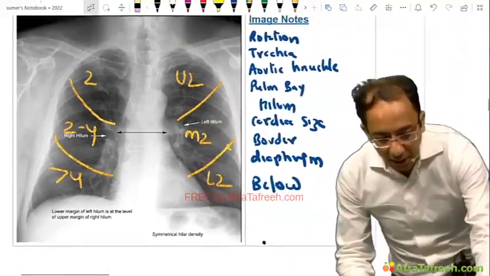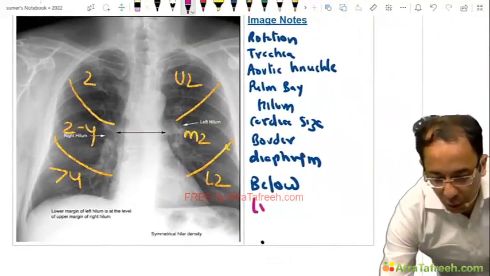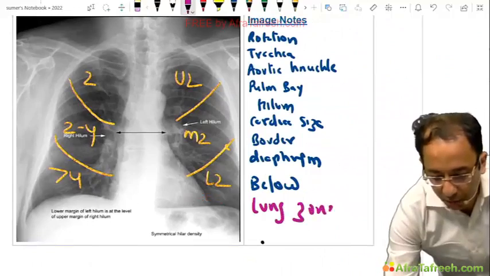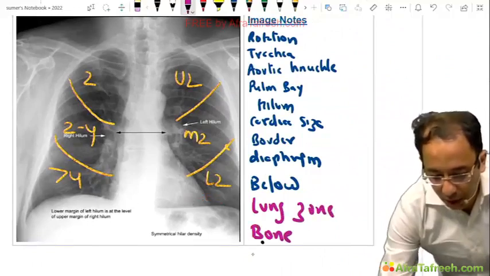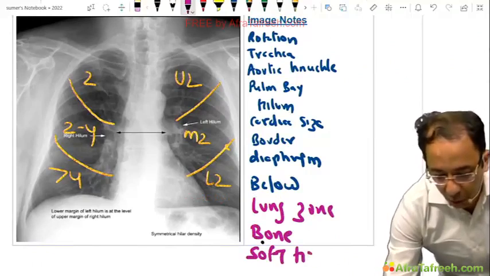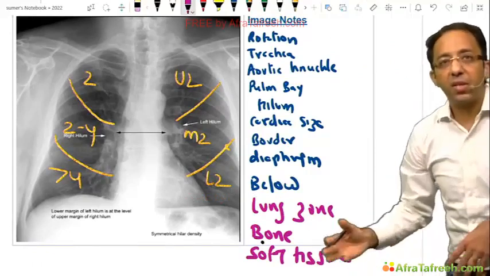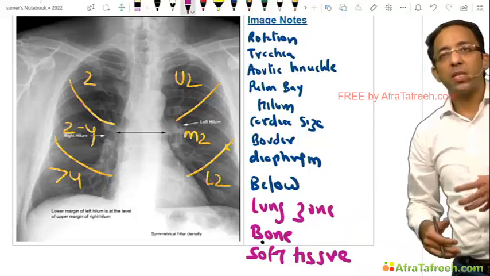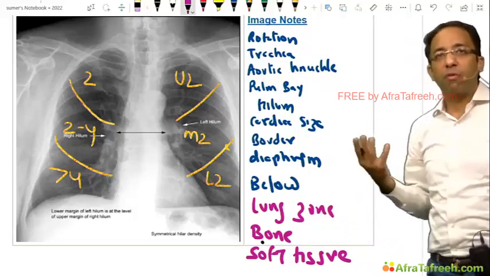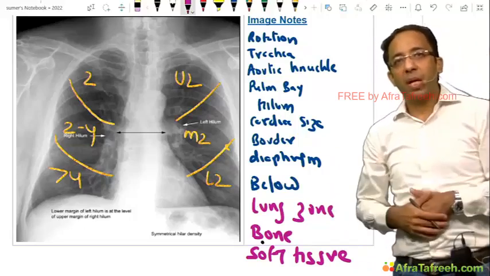Then after I have seen the lung zones, I will look for the bones and soft tissue. I don't want to miss any rib fractures, any flail chest or any other pathology. So I look for the ribs, clavicles and soft tissues.